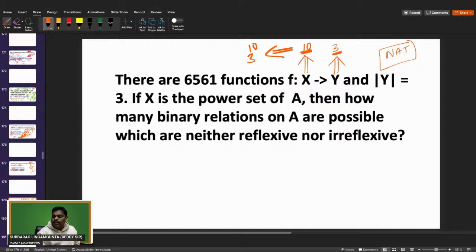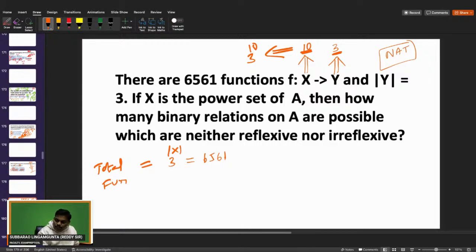But we don't know what the X size is. Assume the X size is x. So total functions is 3 power x, which is 6,561.